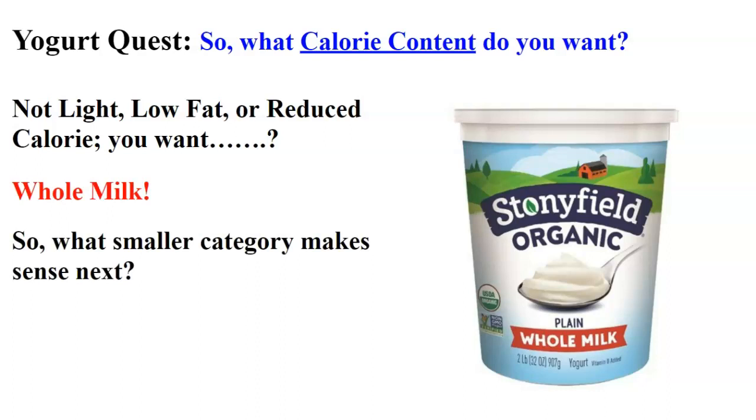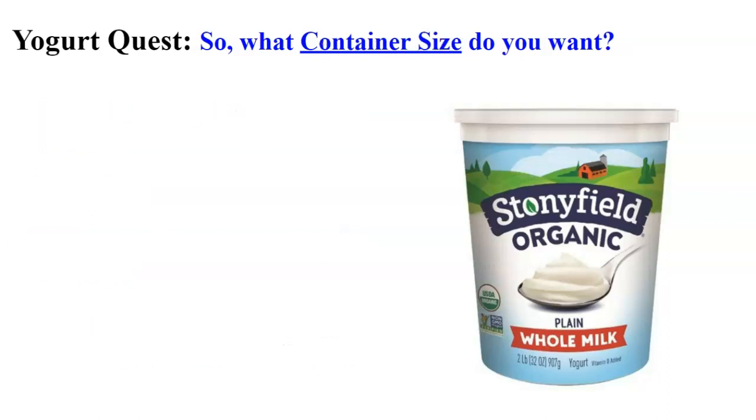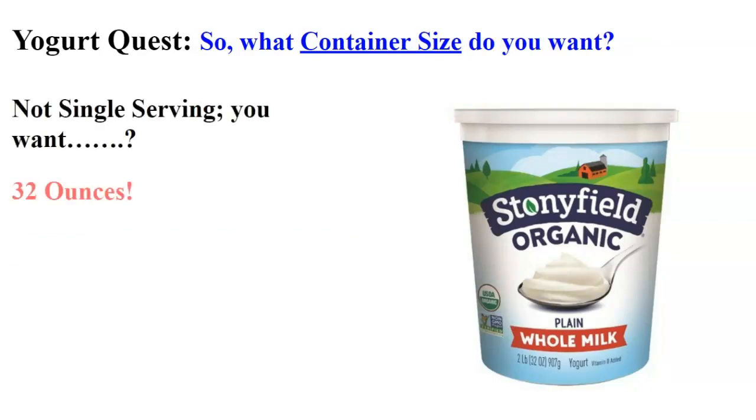Better taste. So what smaller category makes sense next? Well, brands often then divide by container size. So a number of ounces or individual servings. So what container size do you want? Not a single serving, you want 32 ounces.